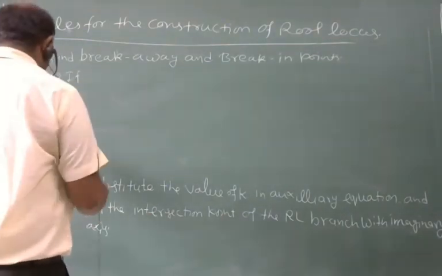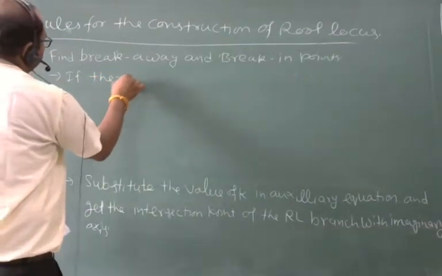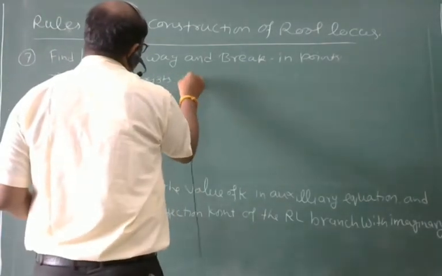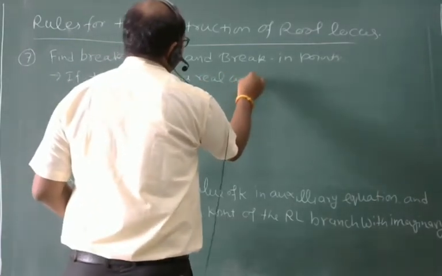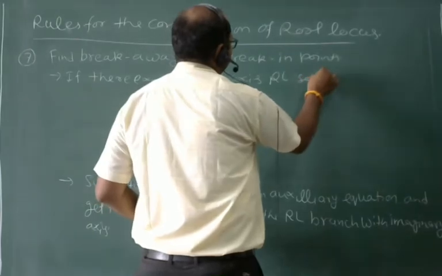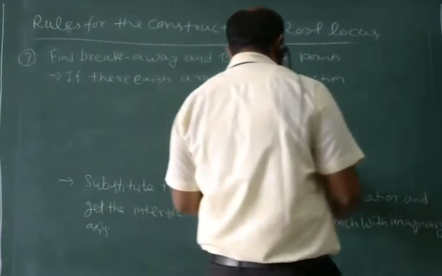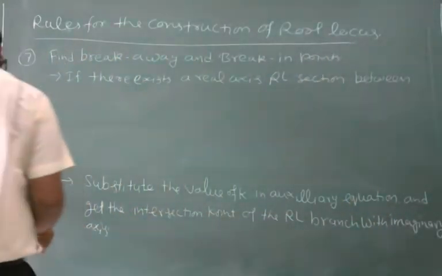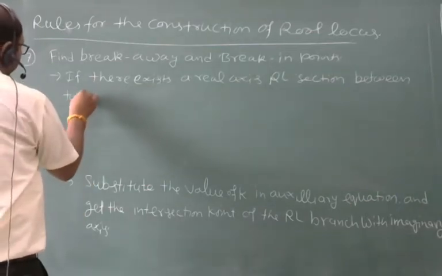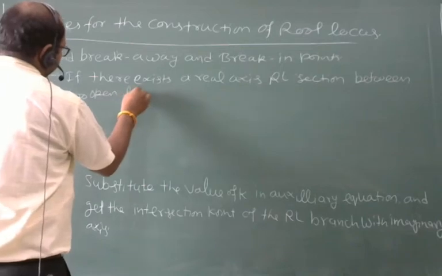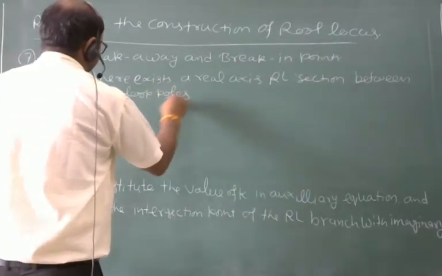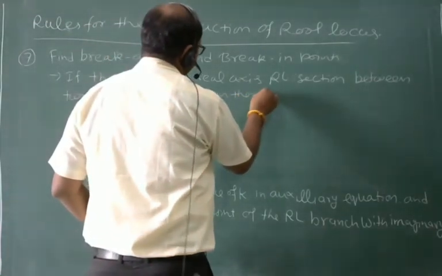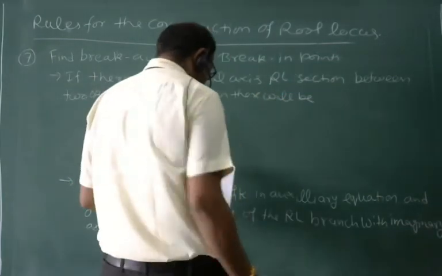If there exists a real axis RL section between two open loop poles, then there will be a breakaway point.